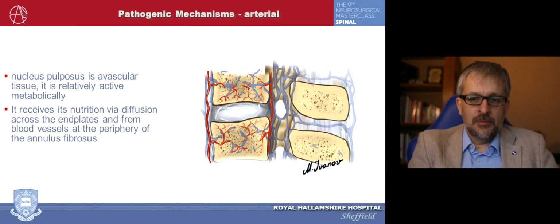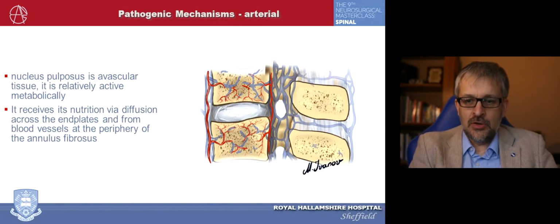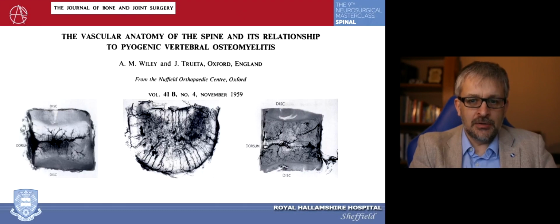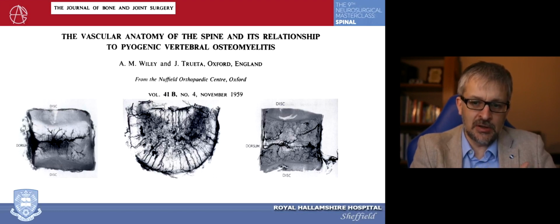The arterial spread is thought to be the most frequent route of bacterial seeding, which explains the typical location and progression of vertebral osteomyelitis. Wiley and Trueta demonstrated the rich arterial anastomosis within the vertebral body with end arterioles in the metaphyseal region, and how bacteria could easily spread hematogenously to the metaphyseal region of the adjacent vertebra.